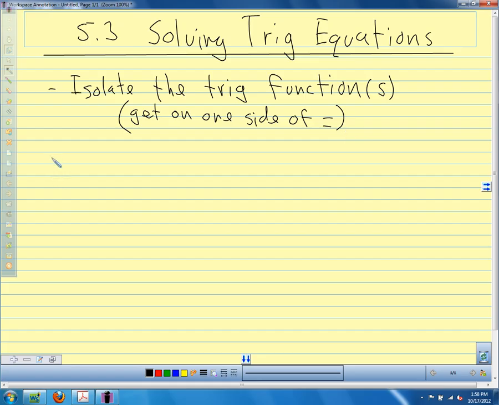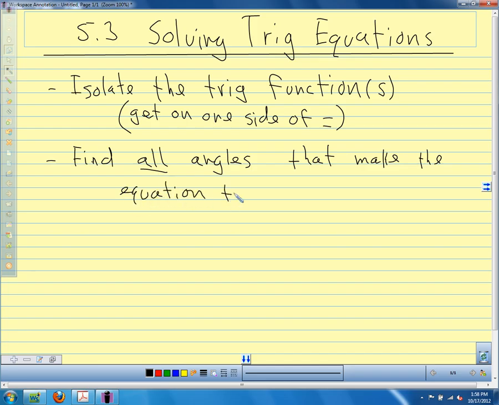And then the solution is we want to find all the angles, because we have a trig function. We want to find all angles that make the equation true. The reason we emphasize all angles is because we want to include all coterminal angles also.